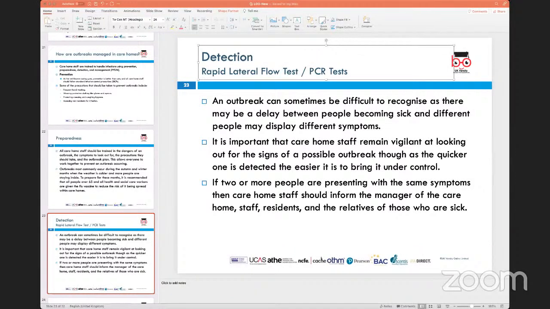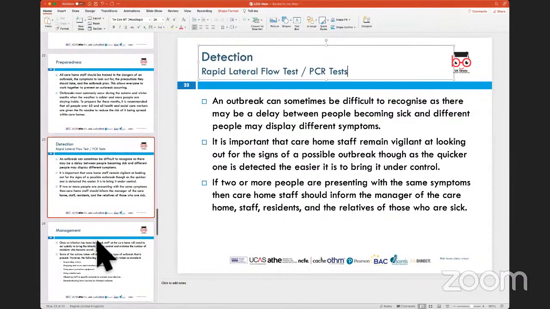Later on, as more information was available, the government, and the pharmaceutical companies and medical organizations working in this sector, were able to develop what are called lateral flow tests, and they were able to detect whether you were infected by the COVID-19 virus in about 10 minutes to about half an hour. So detection is quite important to help in the prevention of the outbreak of any such virus or condition in a particular place like a care home.